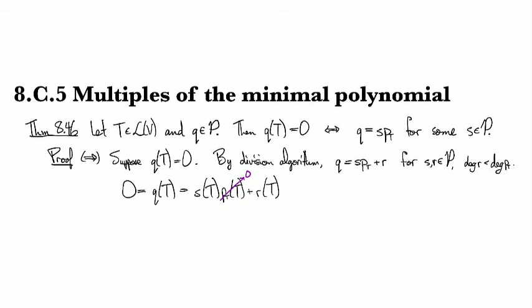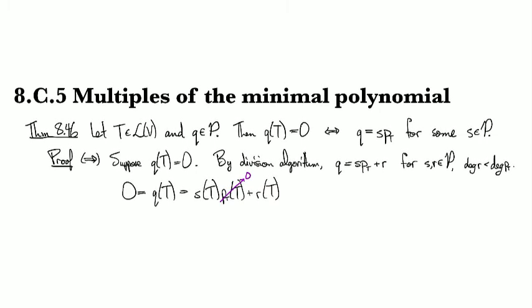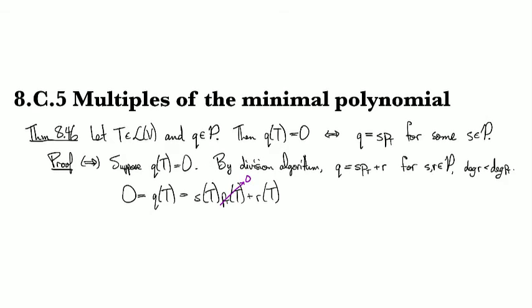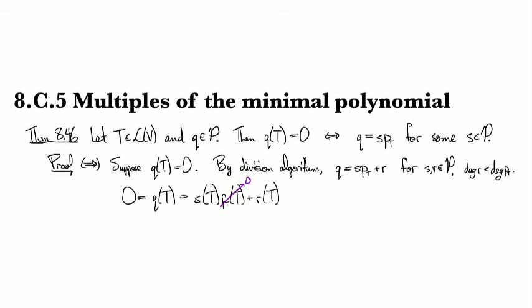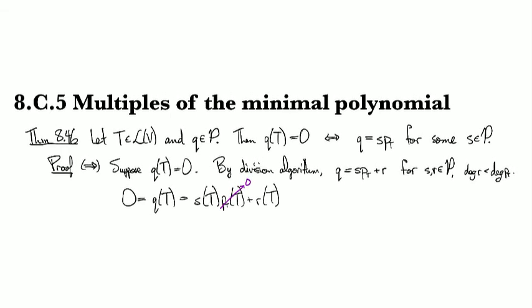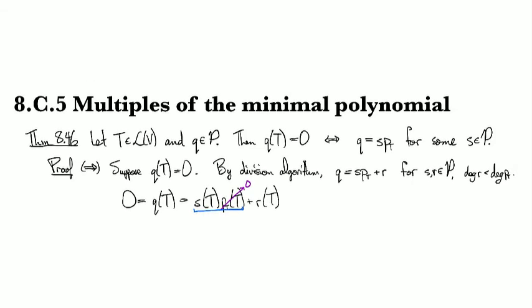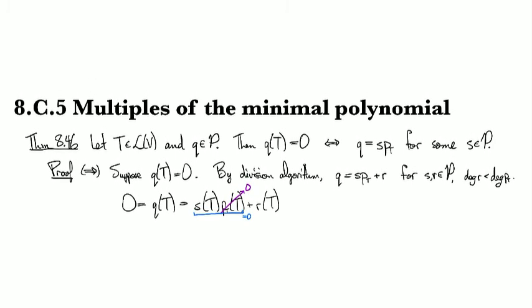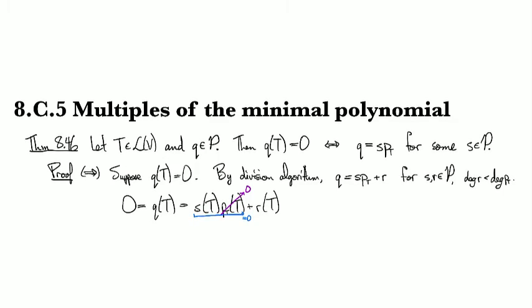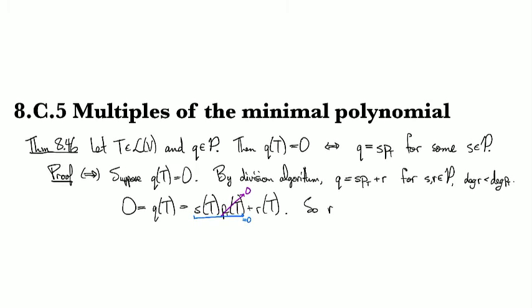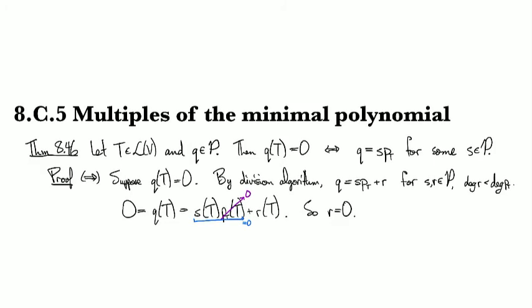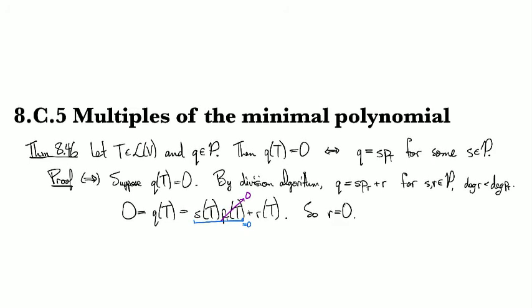So this entire term drops out, and we're left with just r of T is equal to 0. So r is equal to 0, or else we'd have a contradiction.